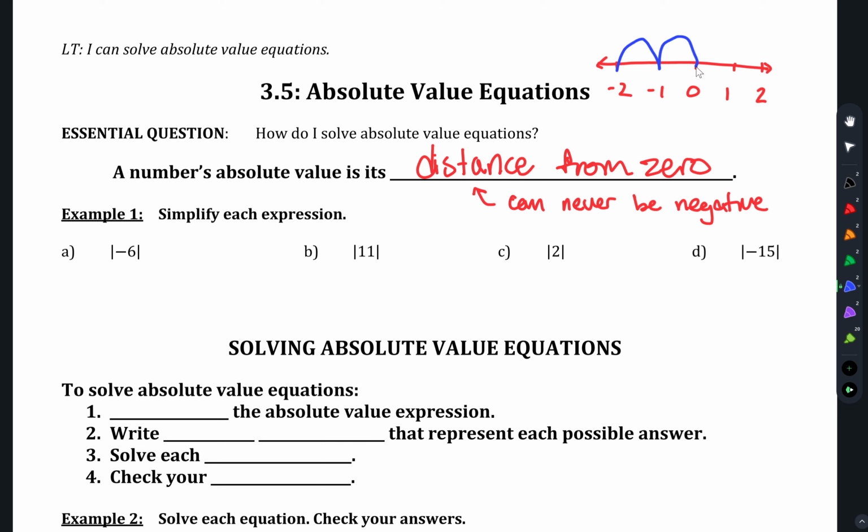So from -2 to 0, that's 2. From +2 to 0, that's 2, right? So whether the number is positive or negative, it should have the same distance from 0, and that distance should always be a positive number.